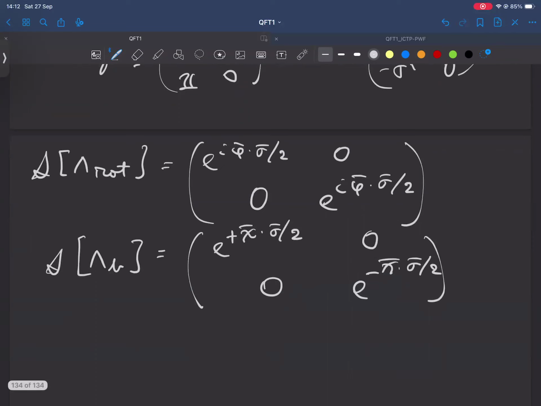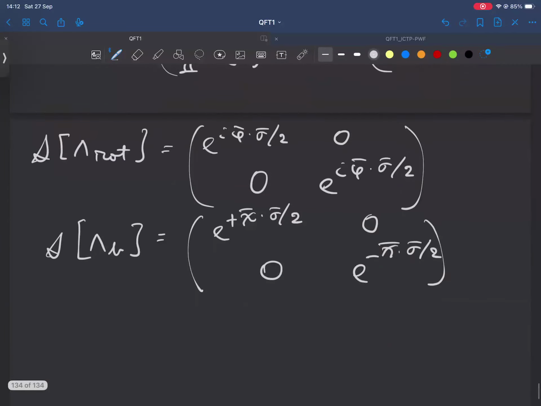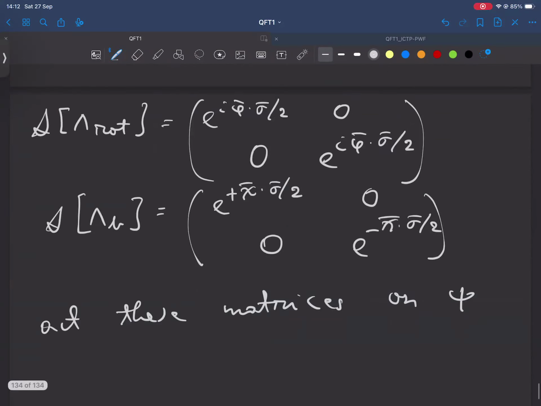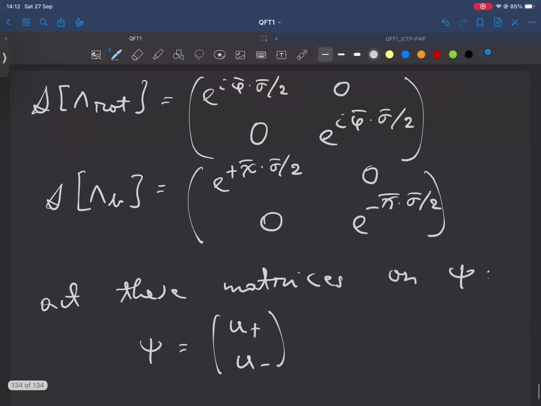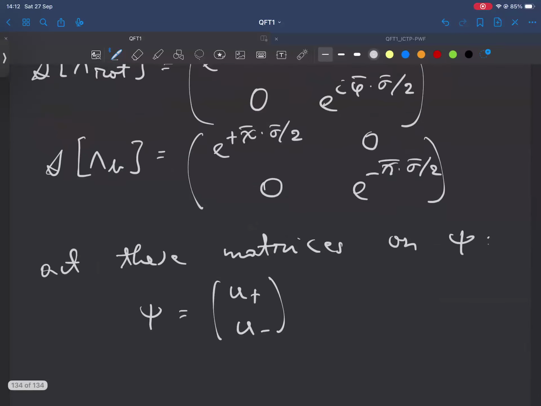Because of this, when you act these matrices on the Dirac spinor psi, you can see that psi can be written as a two component object, which we will denote u plus and u minus, because of the block diagonal structure of the above matrices.